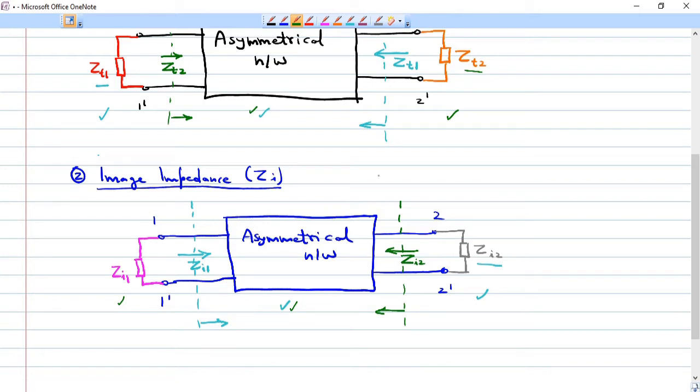So when you attach the impedance Zi2 to the output side, and you look at the network from the input side, you see the impedance Zi1. Similarly, when you attach the same impedance, this Zi1, to the input side, and you look at the network from the output port, and you see the combined network impedance as Zi2, then you can say that Zi1 and Zi2 are the image impedances for this particular asymmetrical network. Okay.